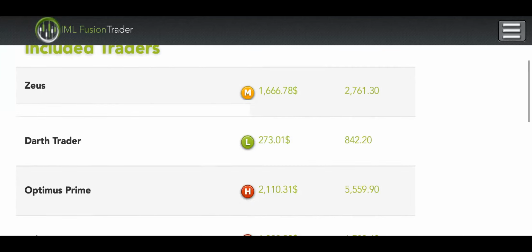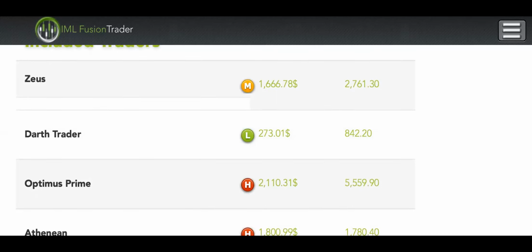Because, for example, Optimus Prime is a high risk trader, and I would be doing someone a disservice by just saying plug in the Optimus Prime because he's good. But that person may not be necessarily comfortable with high risk trading as of yet. And so you want to make sure that you present them with these different options to be able to decide for themselves.